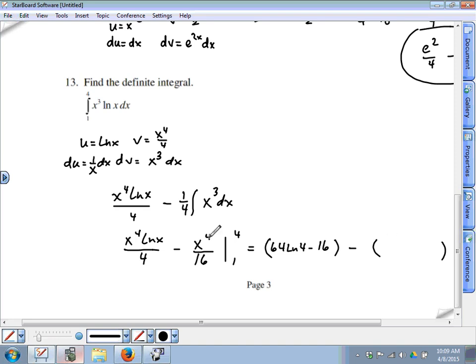When we plug in a 1, the natural log of 1 is 0, so that makes this term disappear. And then 1 to the fourth power is 1, so it's going to be 0 minus 1/16.